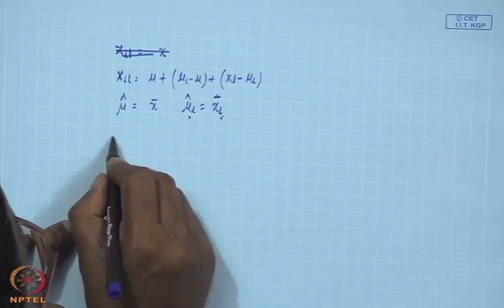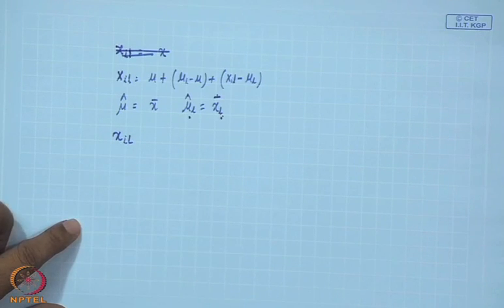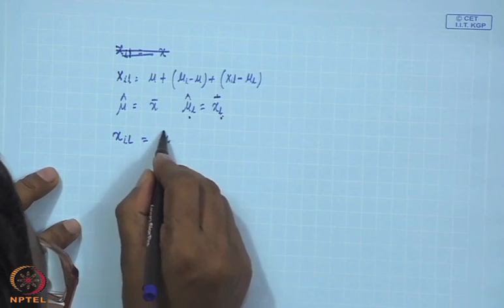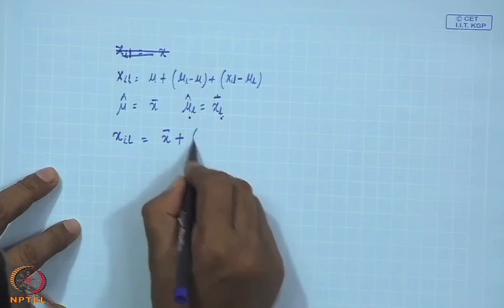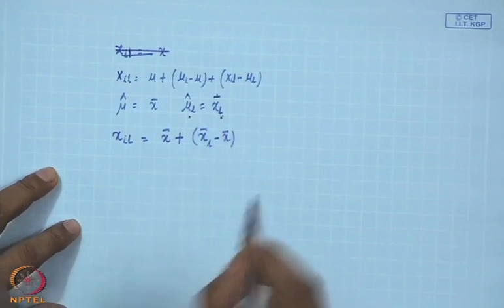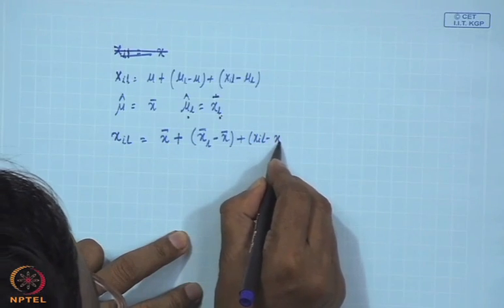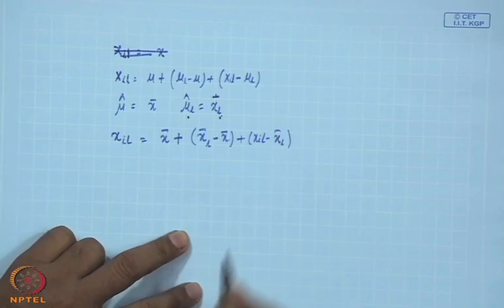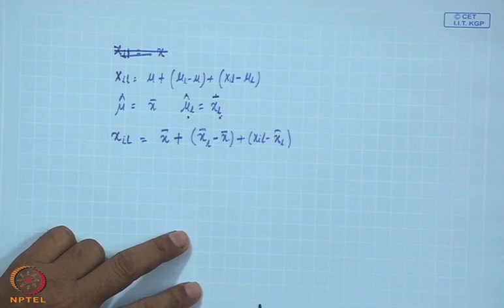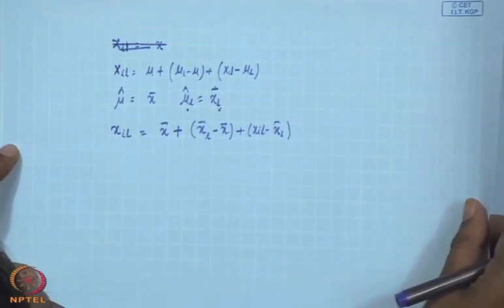So, now we are partitioning the sample observation XIL, which can be written like this: x bar plus XL bar minus x bar plus XIL minus XL bar, that we have seen earlier. The same thing is possible here in MANOVA.